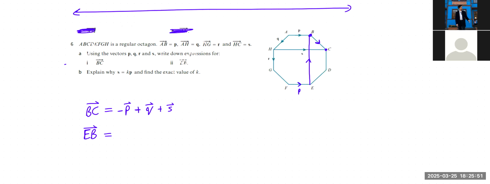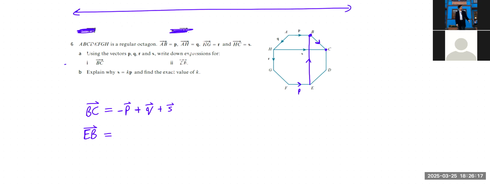Is there any other vector you know, by the way? Yeah, so I can know FG, right? What is FG? It's Q. No, because these are not parallel. So you got to find something that's parallel to GF. See, AB and FE are parallel. That's why I said they're P. Parallel vectors are equal, basically.